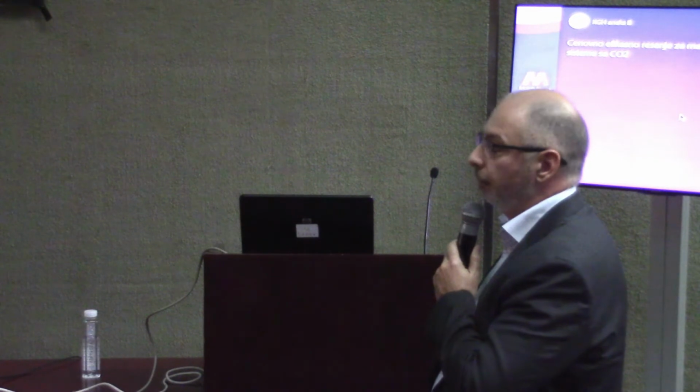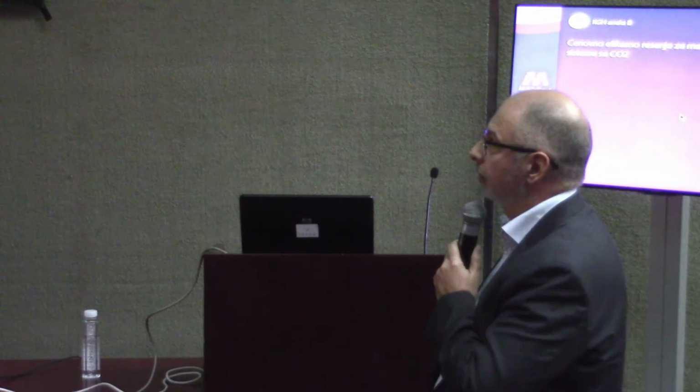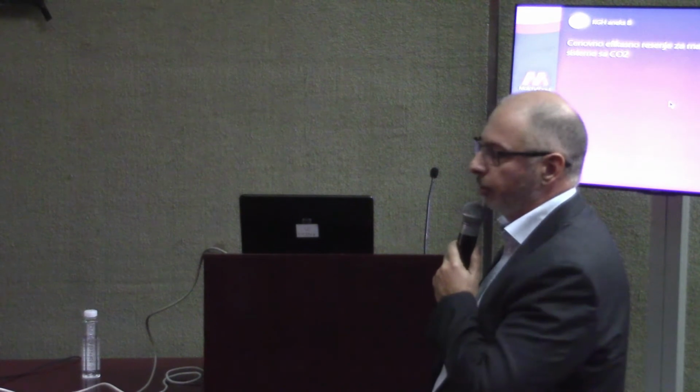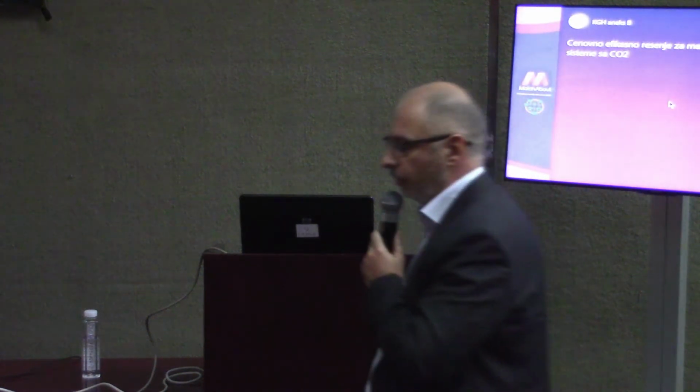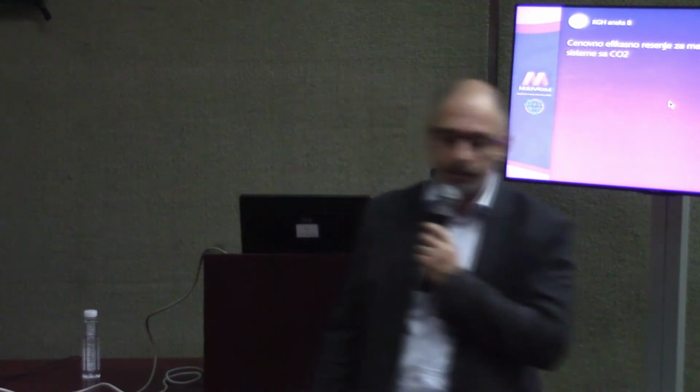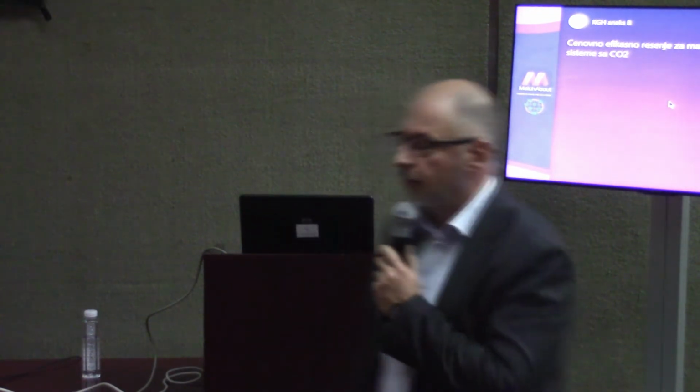So, we have three different kinds of ejectors: high pressure lift ejector, liquid ejector, and also low pressure lift ejector. The difference between them is, of course, that low pressure and high pressure are special for working with gas or vapor, and liquid is for liquids, obviously.